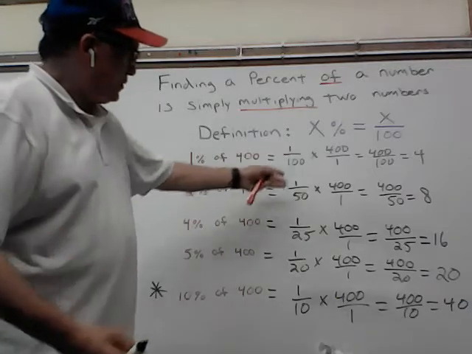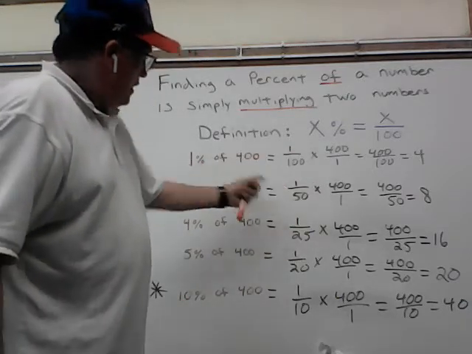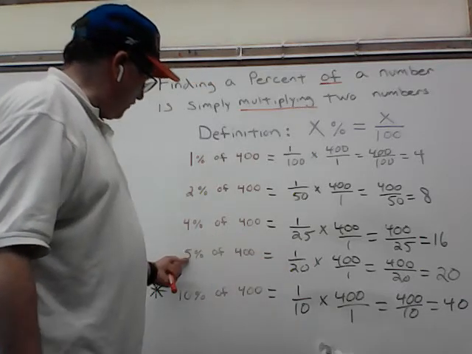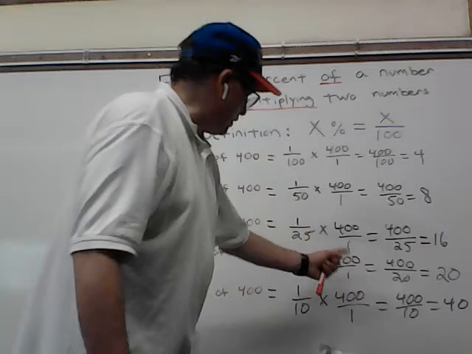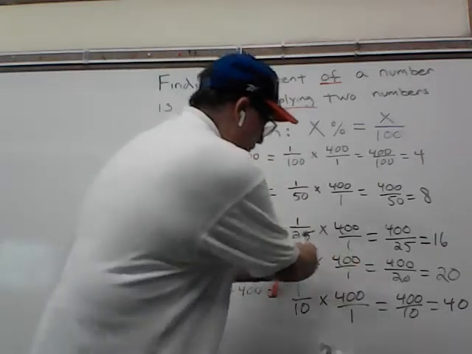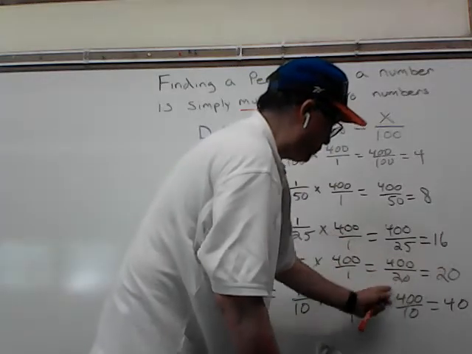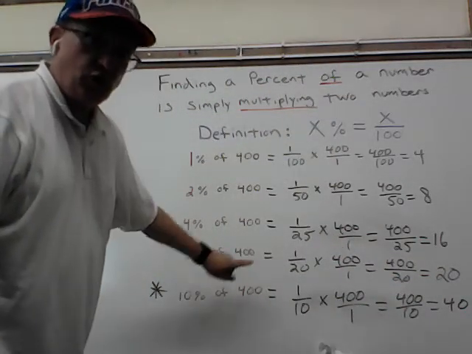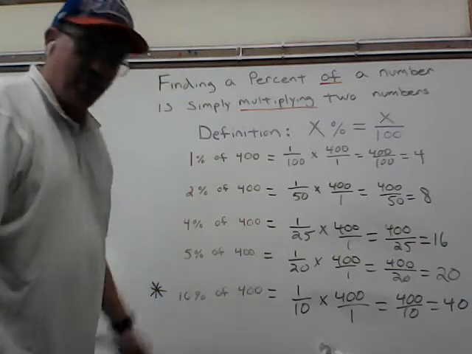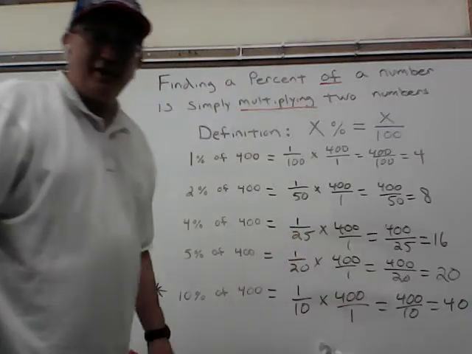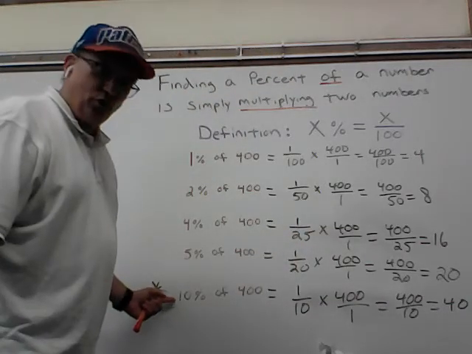It just so happens that if you decide to use 1/20th for 5%, you end up doing 400 divided by 20 to get the answer over here. As the problem works through, that's what you end up doing at the end. To find 5% of 400, you did not do 400 divided by 5. You ended up doing 400 divided by 20. Okay? So don't be fooled by this one.